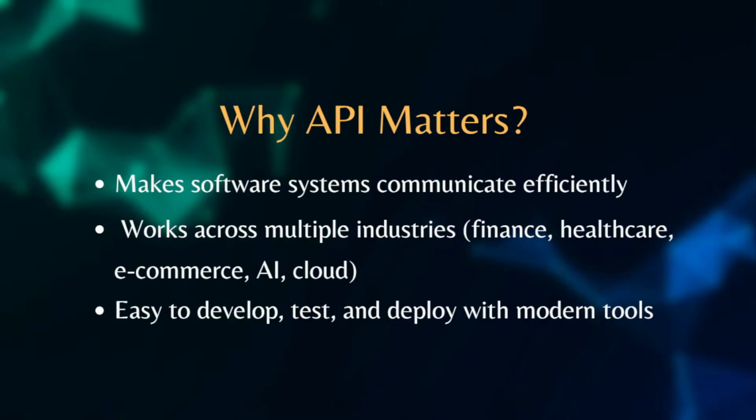Okay, why do APIs matter? They make software systems communicate efficiently. Two software can communicate more efficiently, that is one of the advantages of using an API. They work across multiple industries: finance, healthcare, e-commerce, AI, cloud.